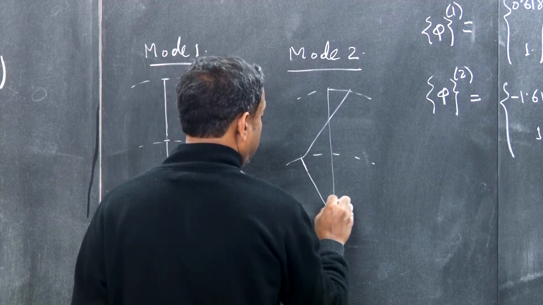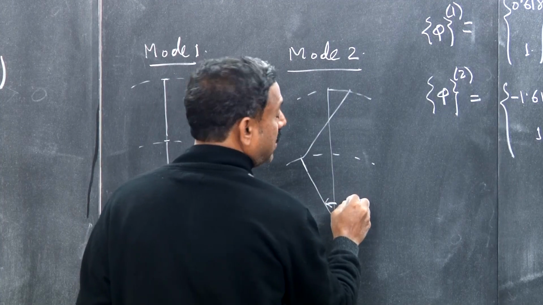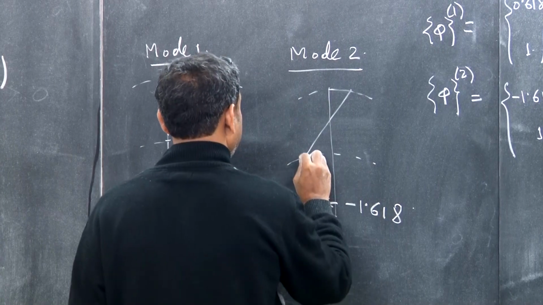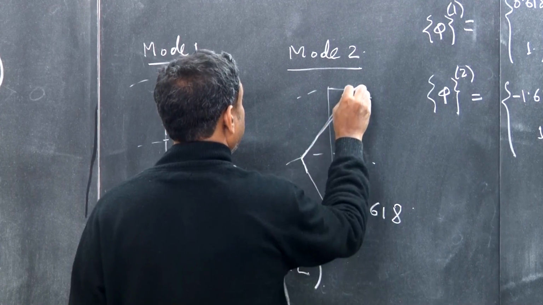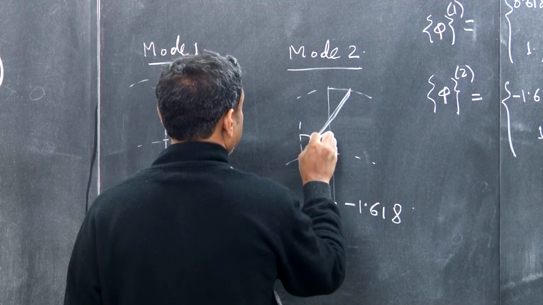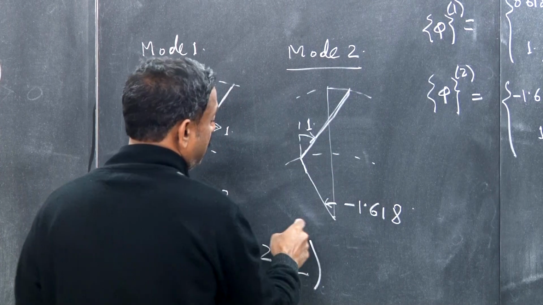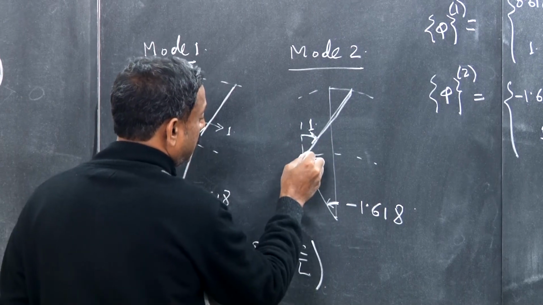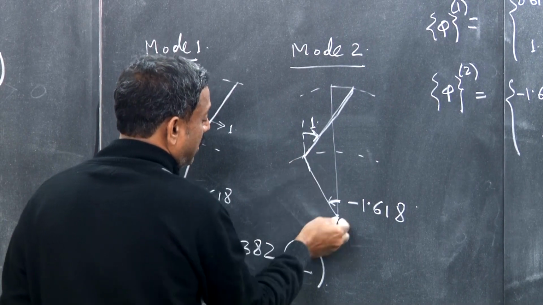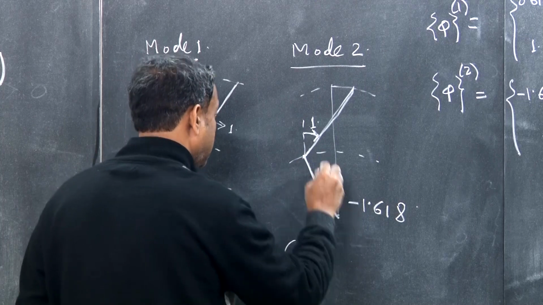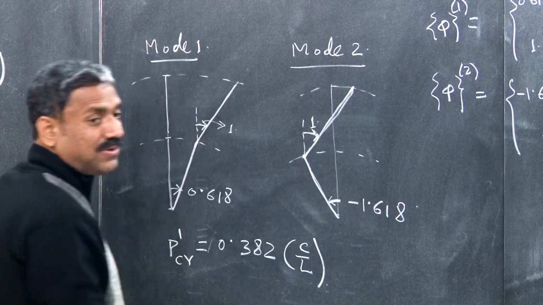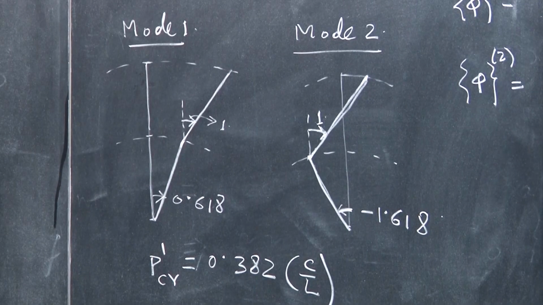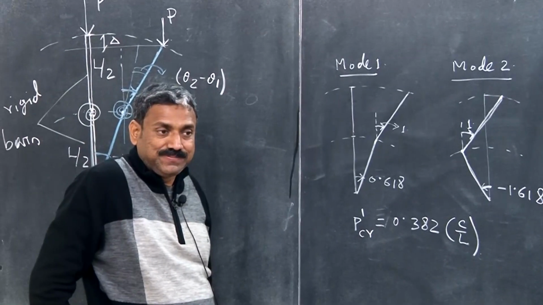So this one is minus 1.618, and this is 1, this unit. So this is clockwise and this is anti-clockwise. If this one is moving in this direction, the other one is moving in that direction. So in buckling mode 2, they have opposite signs, right?